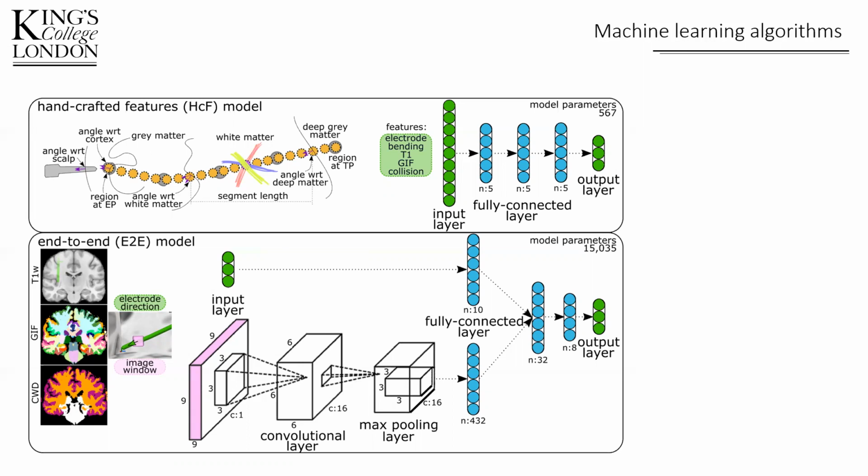The image window passes through a convolutional and a max pooling layer. These layers are stacked into 2 sequential blocks before a fully connected layer is used to infer the outputs. And we use the Adam optimizer to minimize the mean square error loss function.